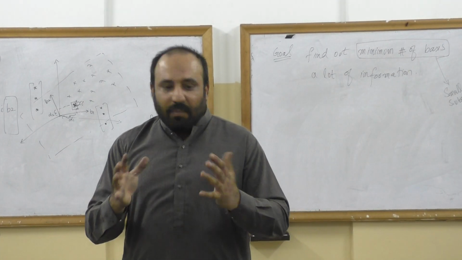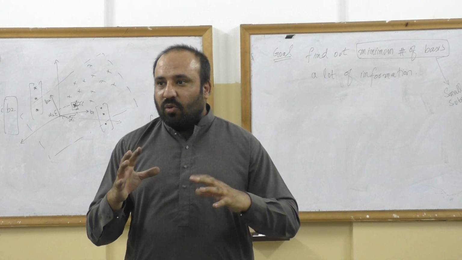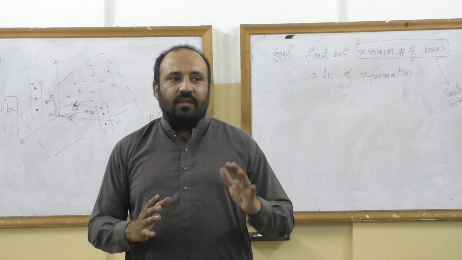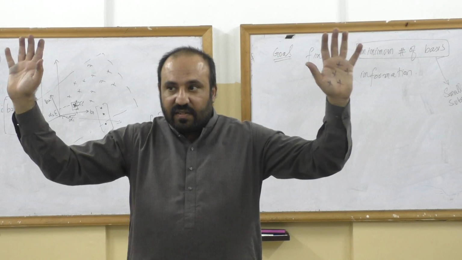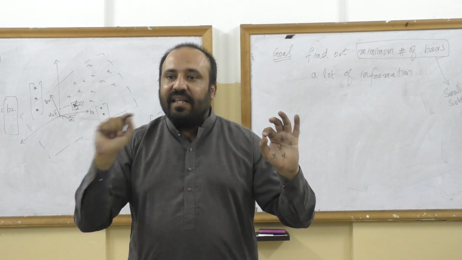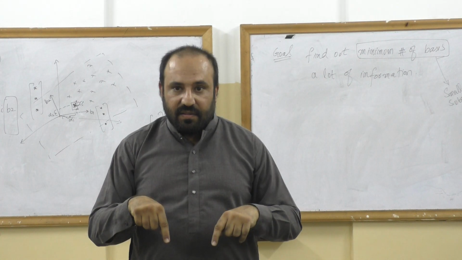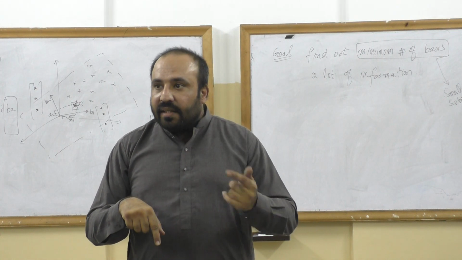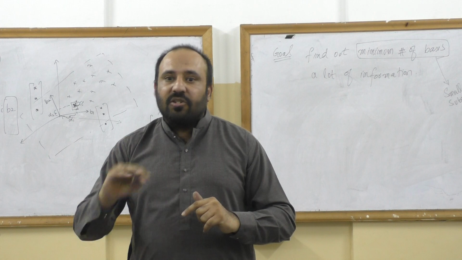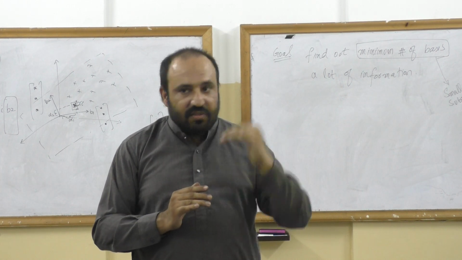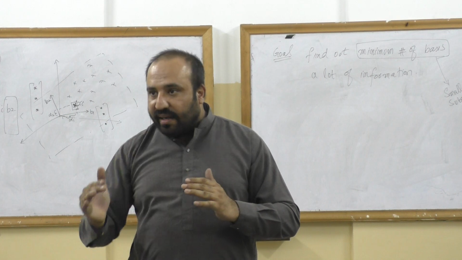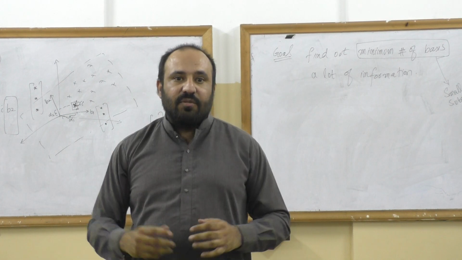Now look at the seriousness of the problem. In d-dimensional space, there are infinitely many d-1 dimensional subspaces, infinitely many d-2 dimensional subspaces, infinitely many d-3 dimensional subspaces, down to infinitely many one-dimensional subspaces.